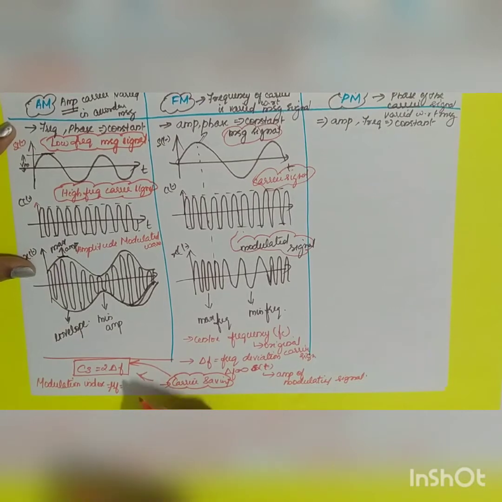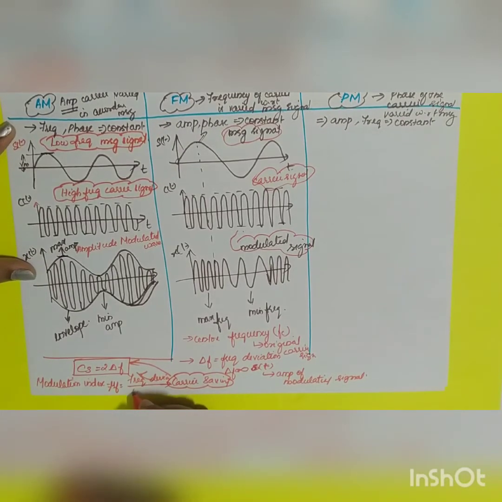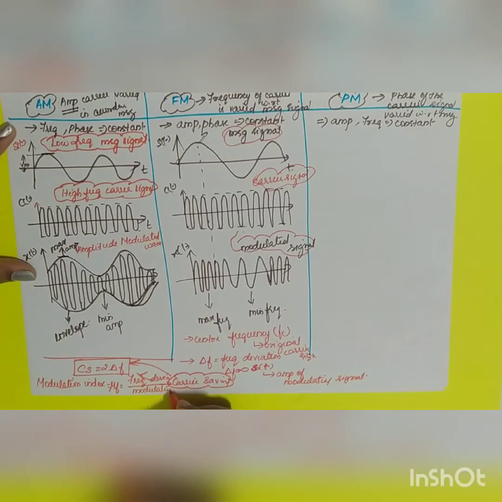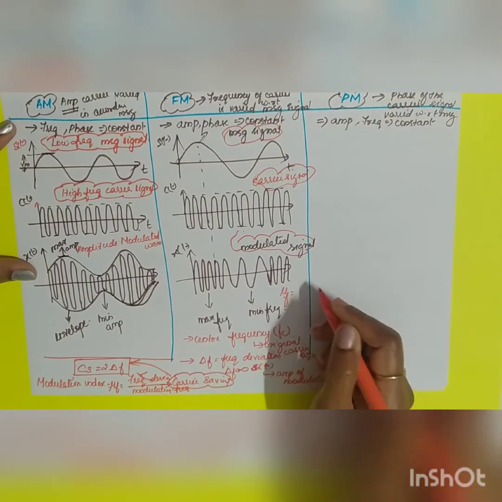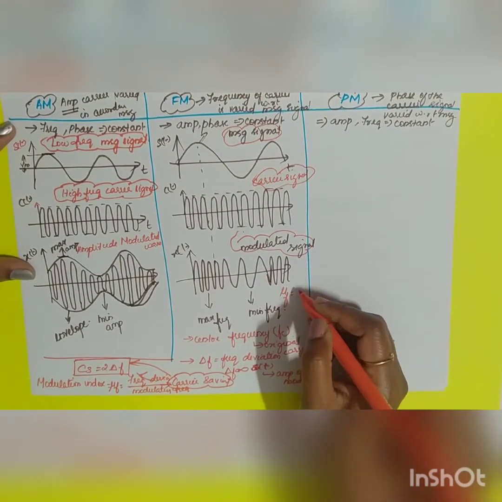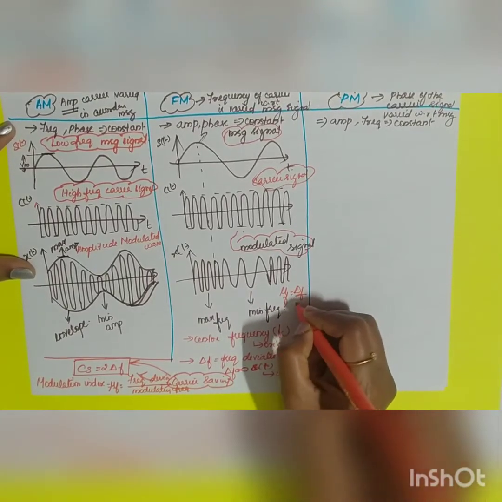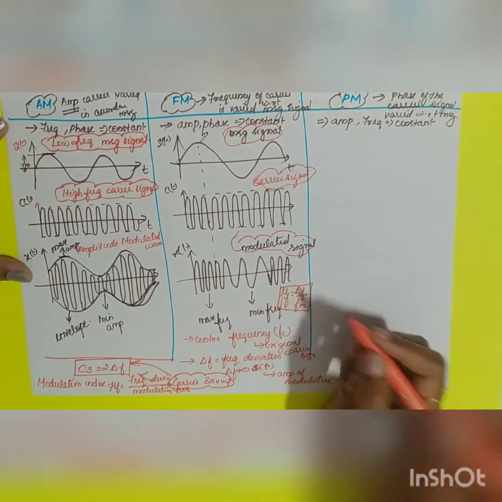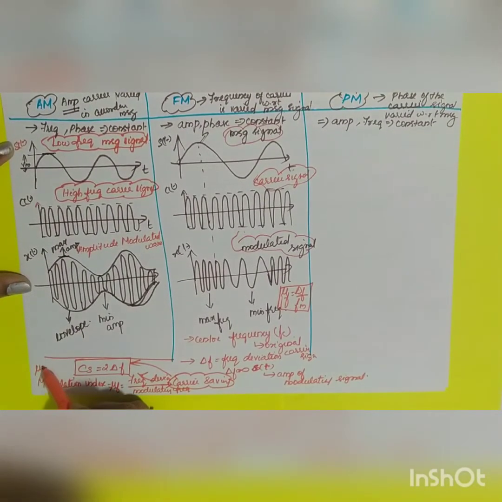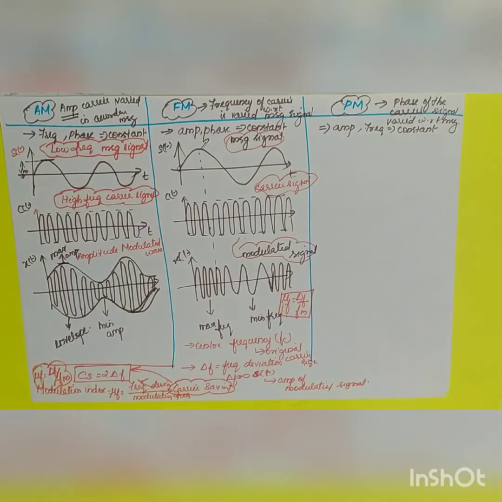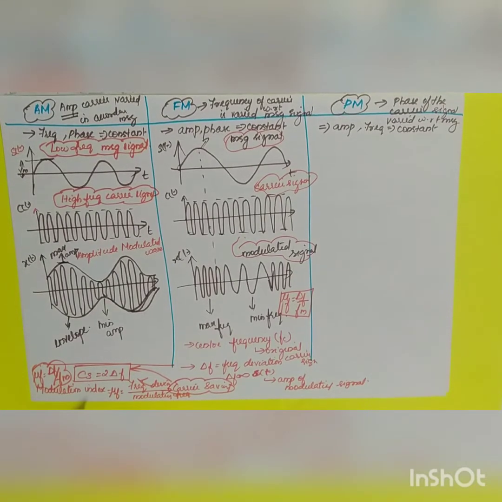It is defined as the ratio of frequency deviation, that is del f, divided by the modulating frequency fm. So mu f is equal to del f divided by fm. So this will be your modulation index of your frequency modulation.